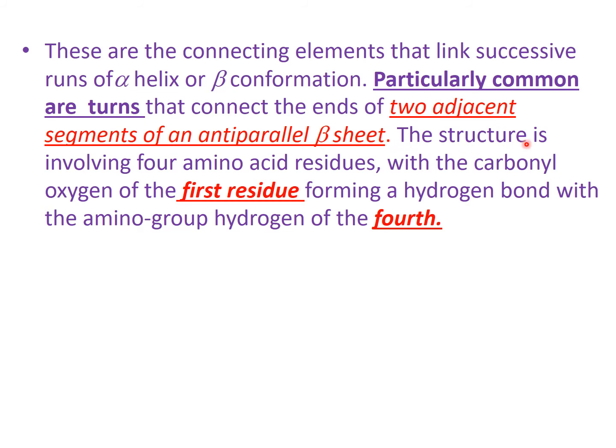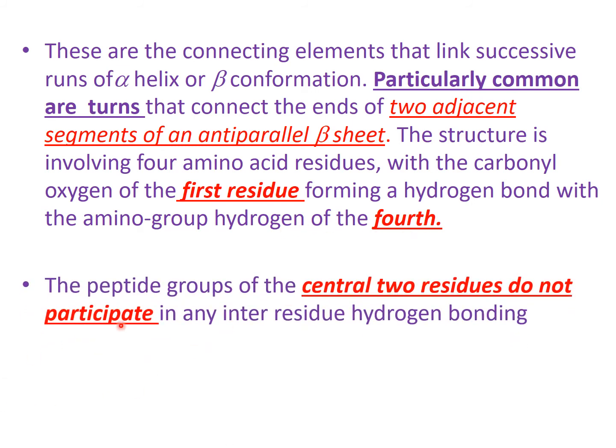The structure involves 4 amino acid residues, with the carbonyl oxygen of the first residue forming a hydrogen bond with the amino group hydrogen of the fourth. The peptide groups of the central 2 residues do not participate in any inter-residue hydrogen bonding. So the bond is formed between the first and the fourth residue.